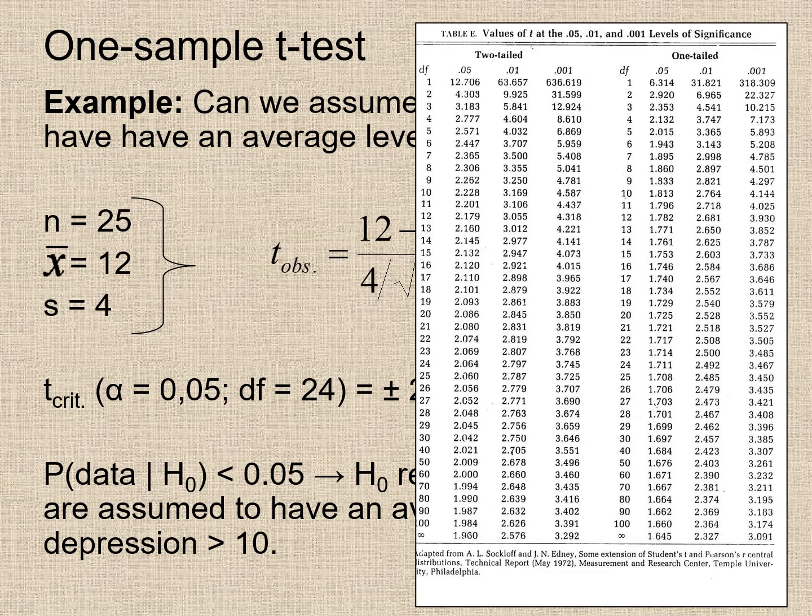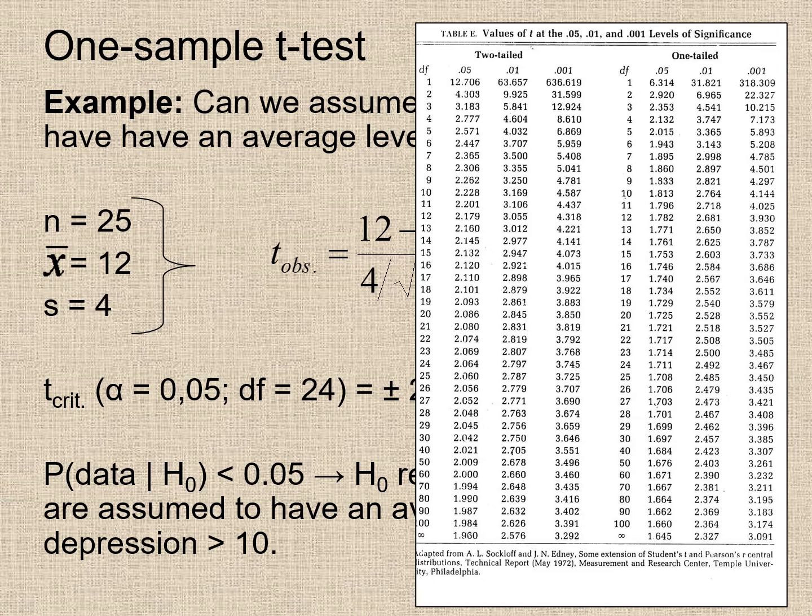So if, for instance, the population mean would be a value of 10, then the probability is 95% that a sample of this size will have a sample mean that deviates maximally 2.06 standard errors from the value 10. So we know that this will happen with 95% probability.